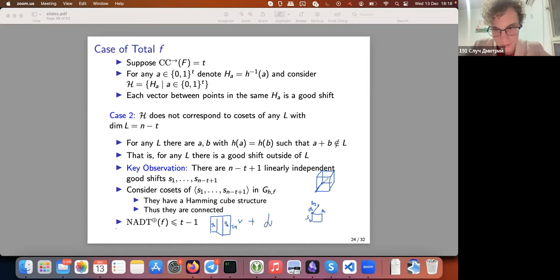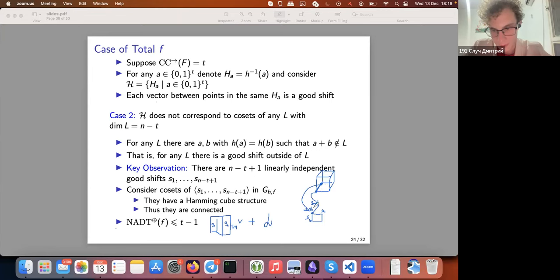So the zero vertex will get mapped to alpha, then here is an edge, and it will get mapped here, and so on.